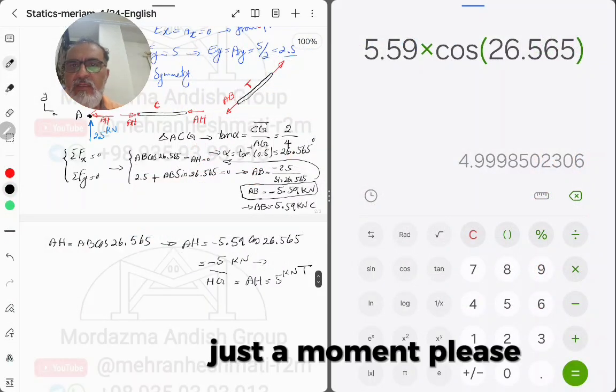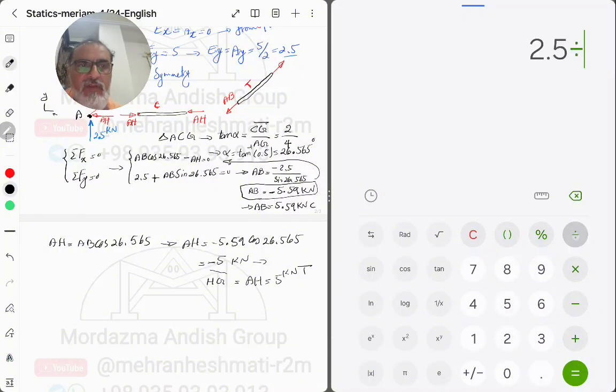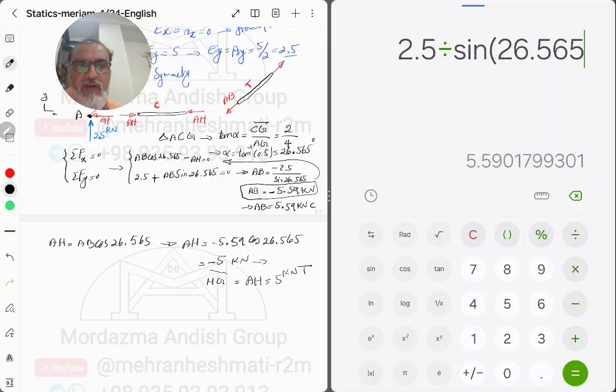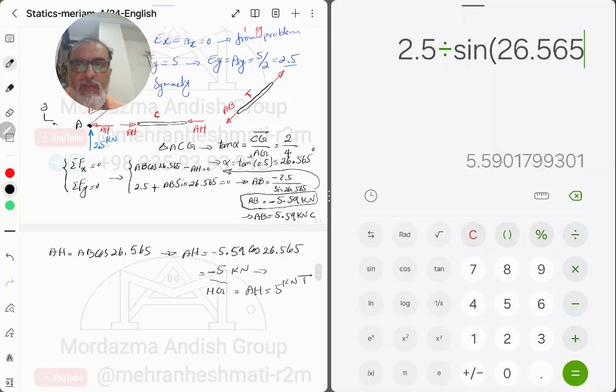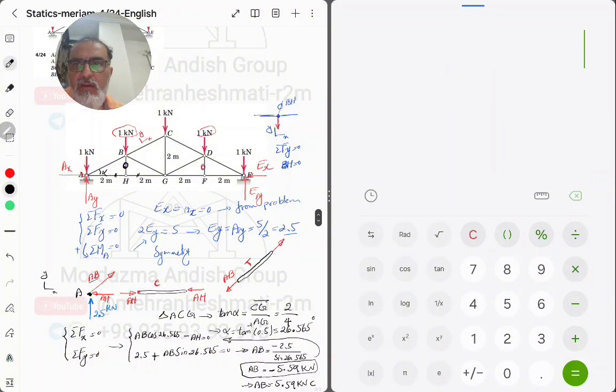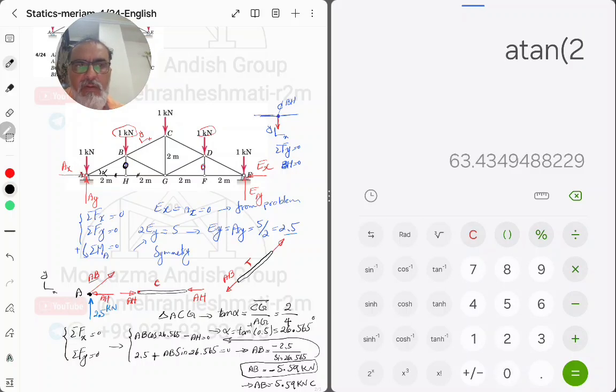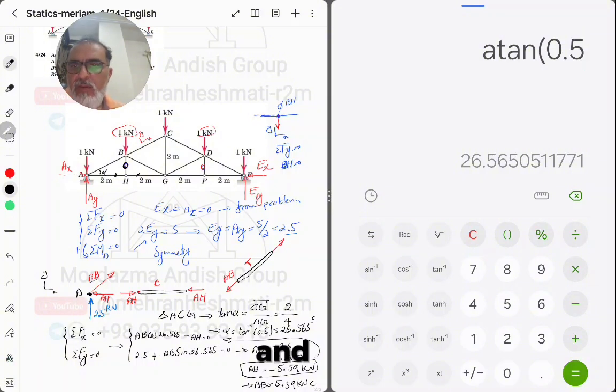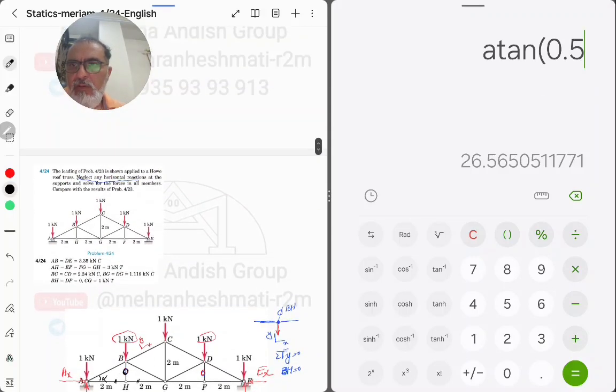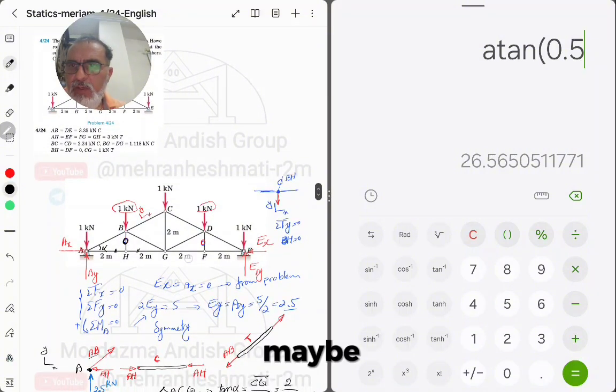Just a moment, please. 2.5 divided by sine of 26.565, and AB cosine.